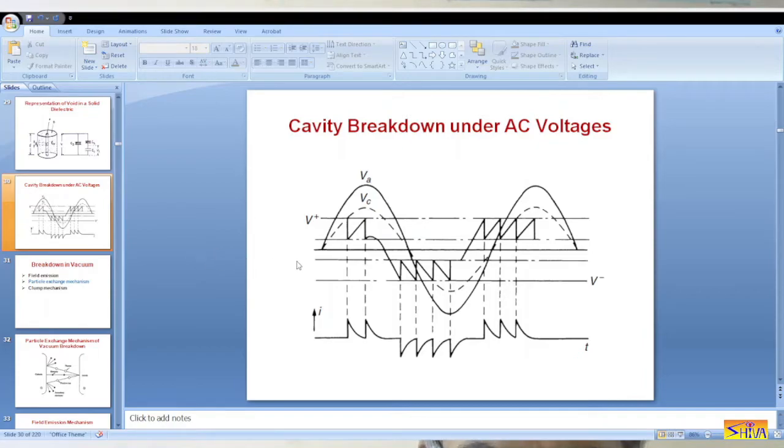So on this side, this is the corona inception voltage. So at this time also the breakdown will occur, the voltage will collapse, and here we observe the current pulse. So this is how the voltage appears across the cavity and current pulses are observed across the cavity.